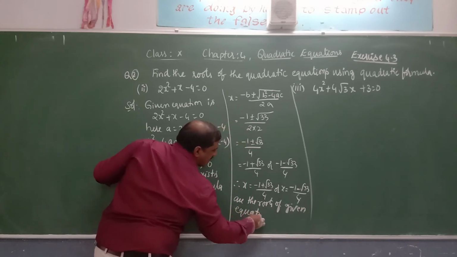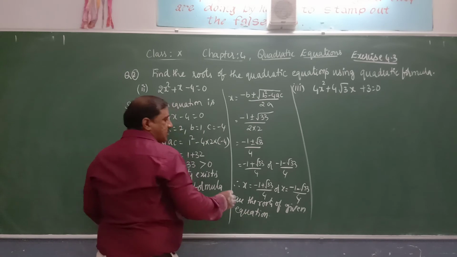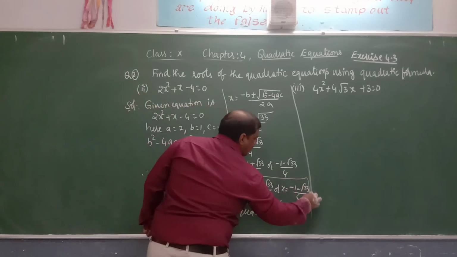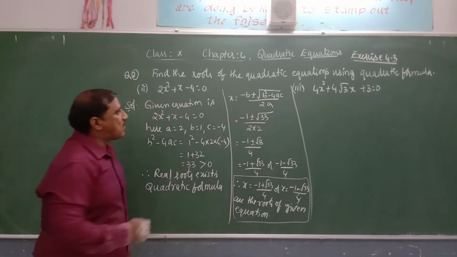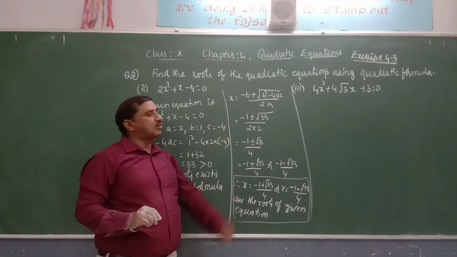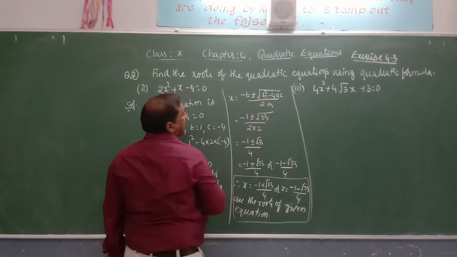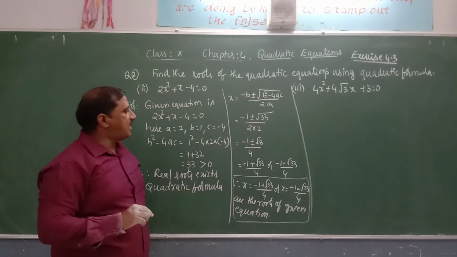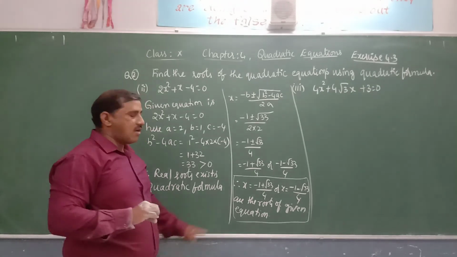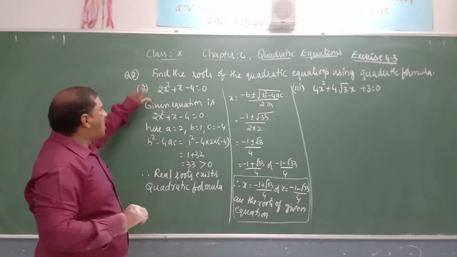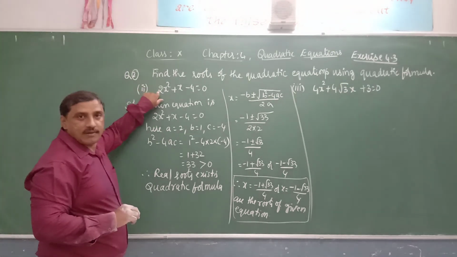So like this we will find the roots of the given equation by using the quadratic formula. Which is the quadratic formula? x is equal to minus b plus or minus square root of b square minus 4ac divided by 2a, and we will simplify. We will get the two roots or solutions of the given quadratic equation.